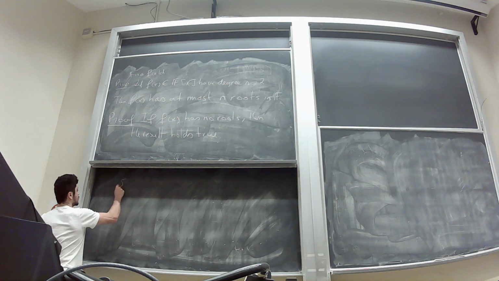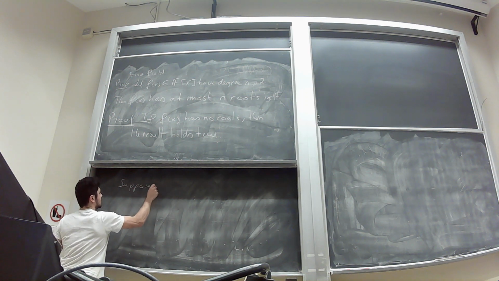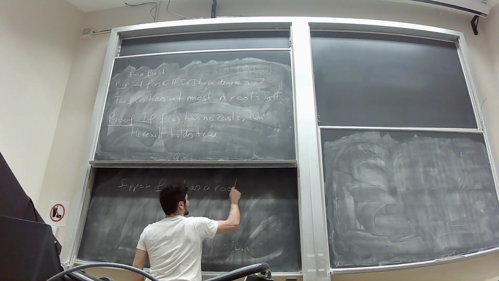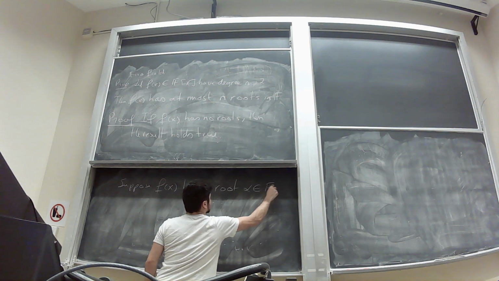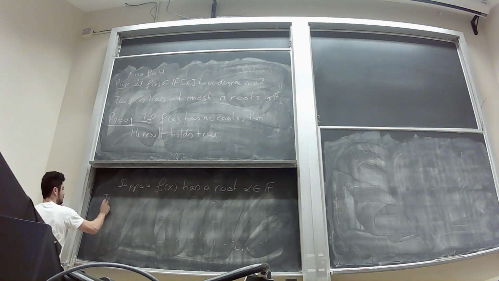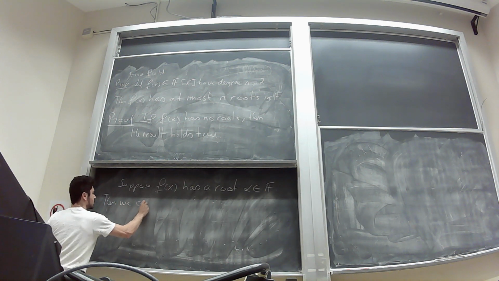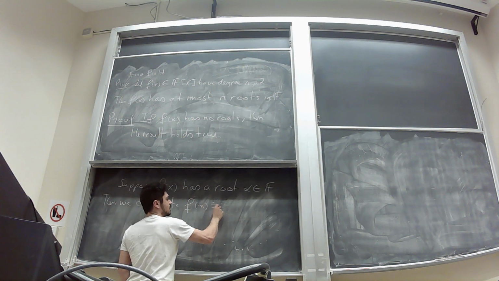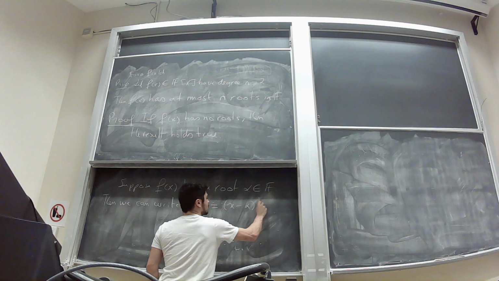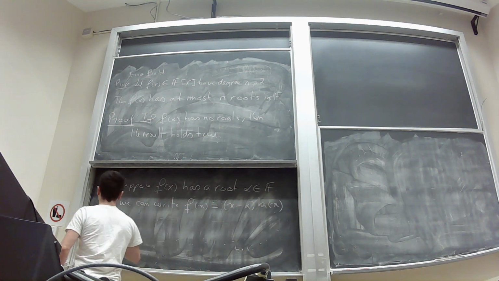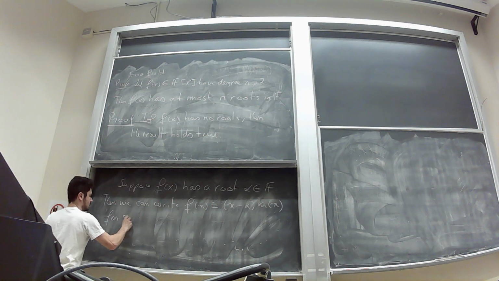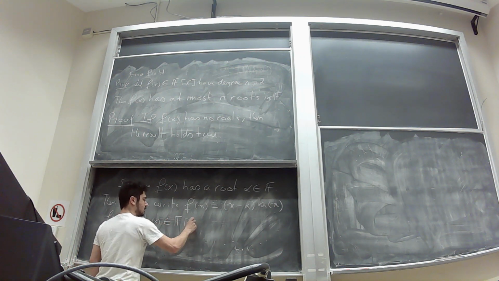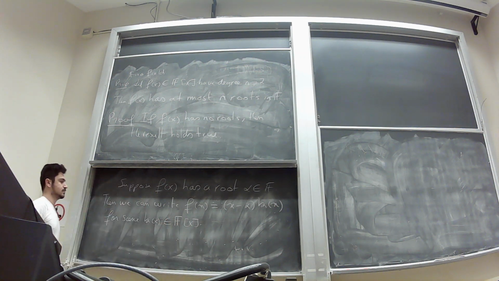Now suppose f of x has a root alpha. Then you can write f of x is x minus alpha times k of x for some k in F of x.